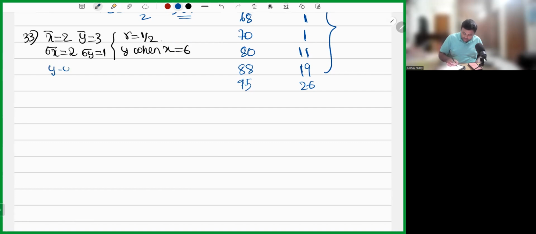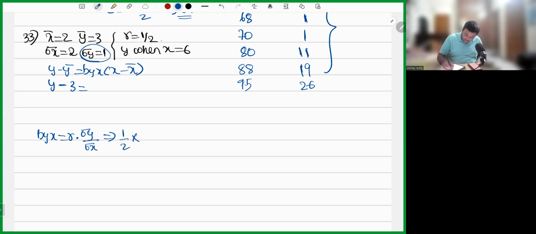Y minus y bar is equal to byx into x minus x bar. Y minus, what is y bar? 3. Byx is given? Unfortunately no, we need to calculate. Byx will be equal to r into standard deviation of y by standard deviation of x. R is 1 by 2. Standard deviation of y is 1. Standard deviation of x is 2.